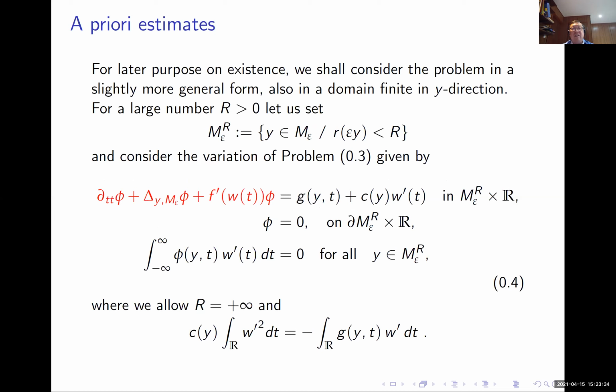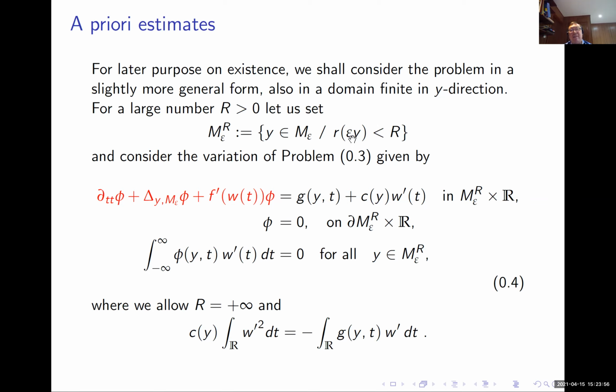Now for later purpose, for our existence, instead of solving the problem in the whole space, the M, now we want to solve this with a bounded M. This is just for our existence, so that this manifold is bounded.